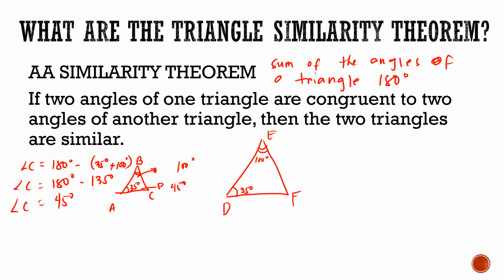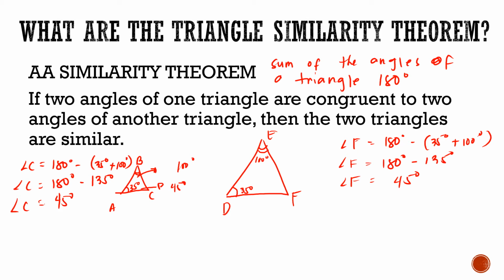If I get the measure of angle F, that is also 180 degrees minus the sum of the two given angles, which are 35 degrees and 100 degrees. So angle F is equal to 180 degrees minus 135 degrees. Therefore, angle F is equal to 45 degrees. As you notice, angle C and angle F are congruent.